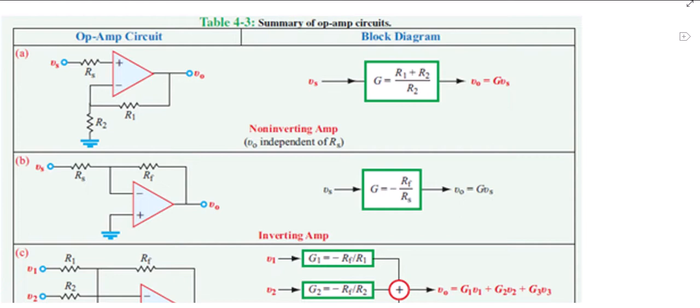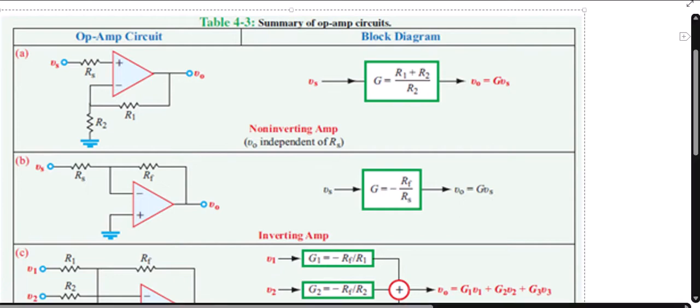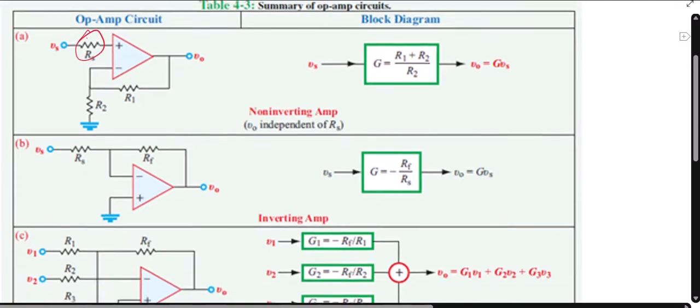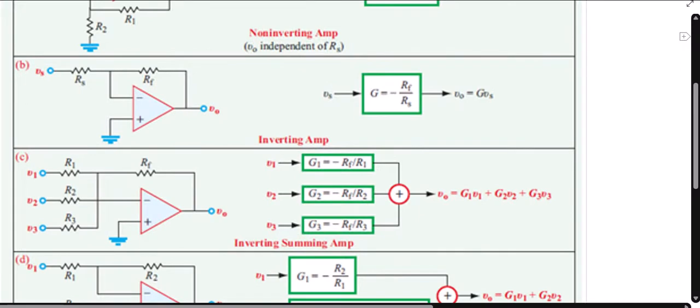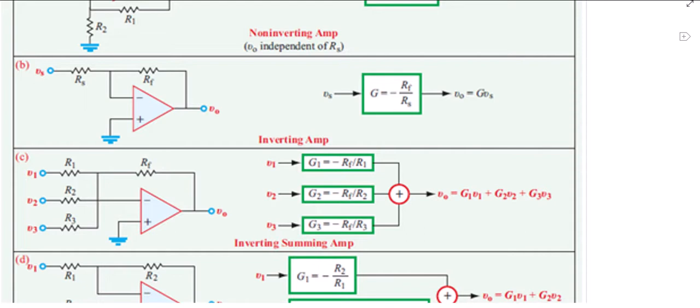It's just kind of written in a different sort of way. And it notes that it's independent of this first resistor that's there. And then you have the inverting amplifier. And again, it might be drawn a little differently, but you can just look at them and see how they are related. And the G here is for gain.